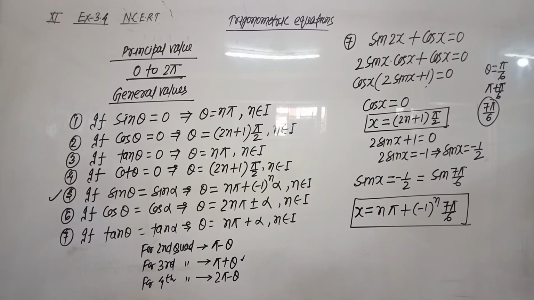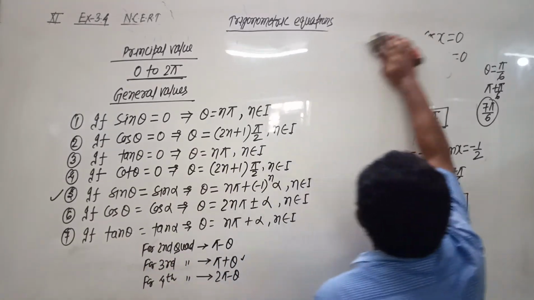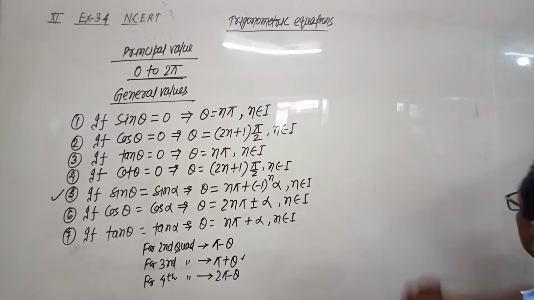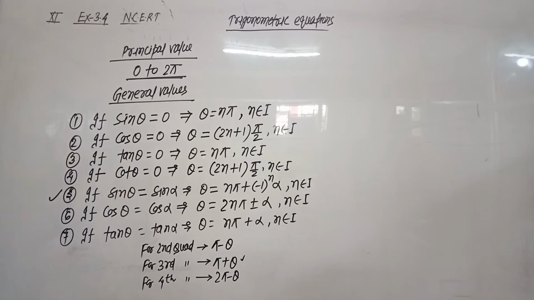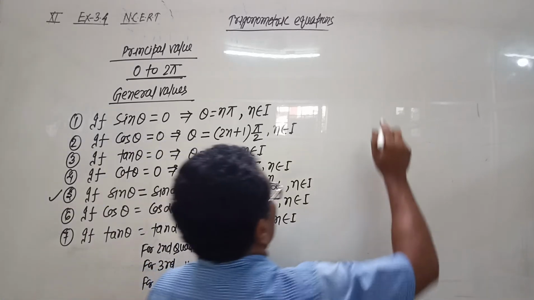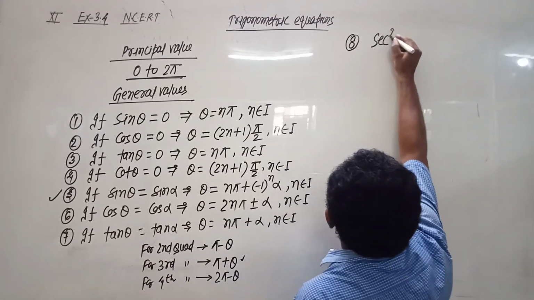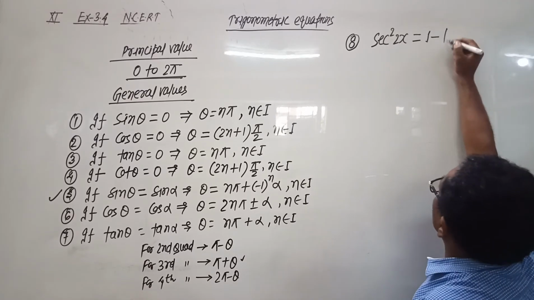Now we discuss question number 8. Question number 8 is sec square 2x equals to 1 minus tan 2x.